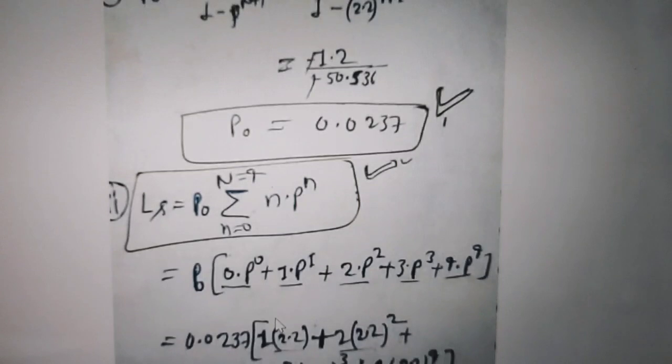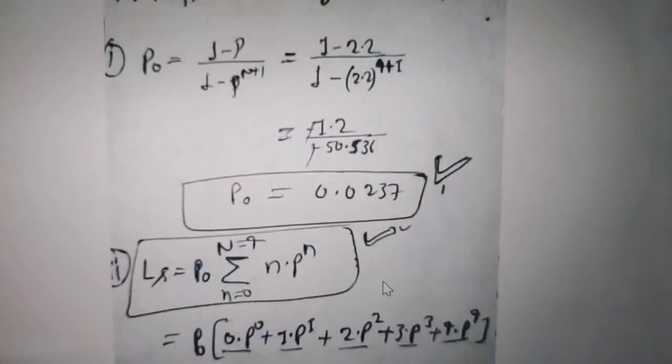Expanding the summation, as n proceeds from 0 to 4, we get P0 times 0 dot rho to the power 0, plus 1 dot rho to the power 1, plus 2 dot rho to the power 2, plus 3 dot rho to the power 3, plus 4 dot rho to the power 4. This is how we can expand the Ls formula.